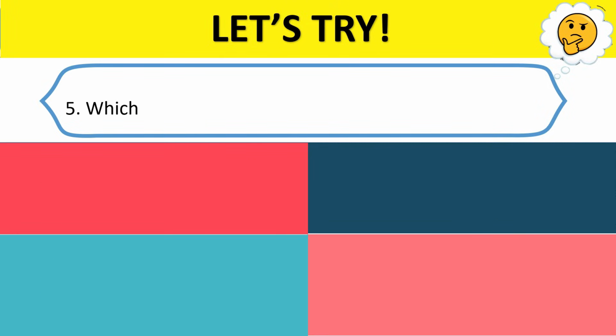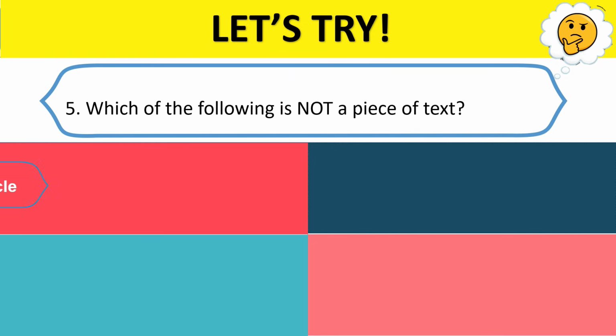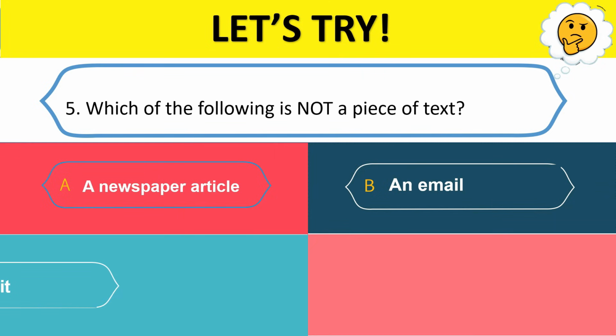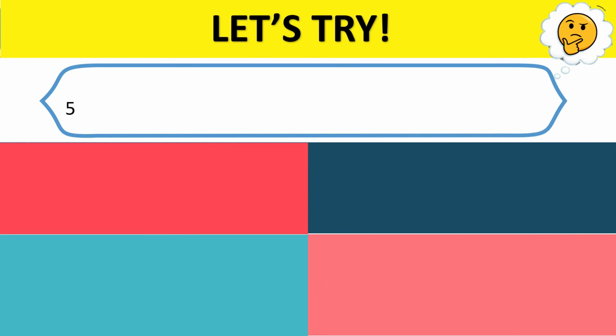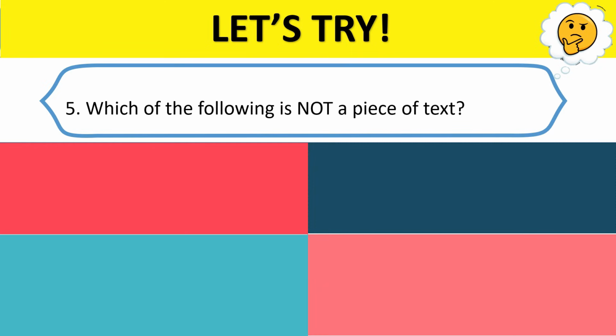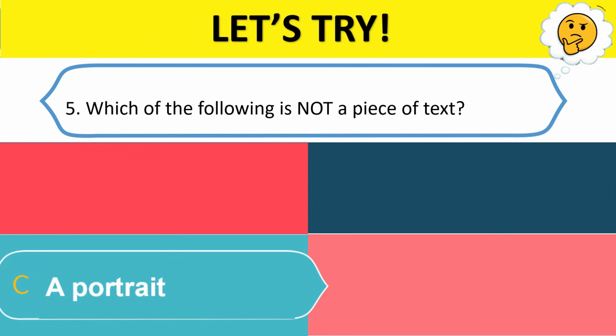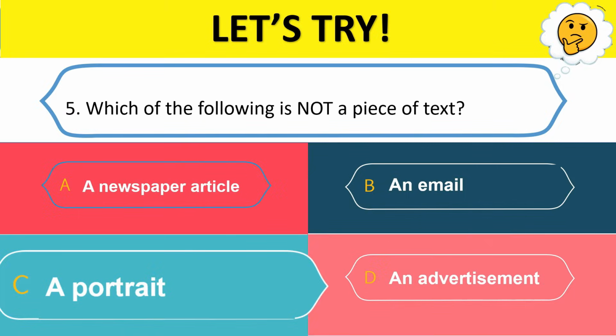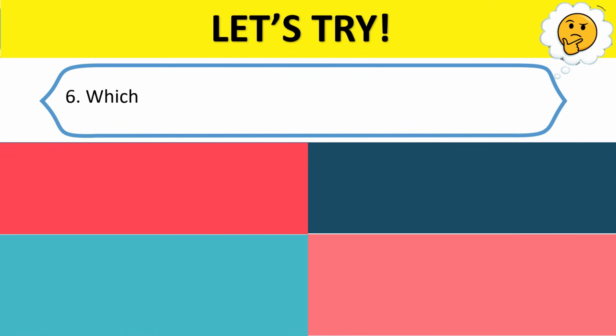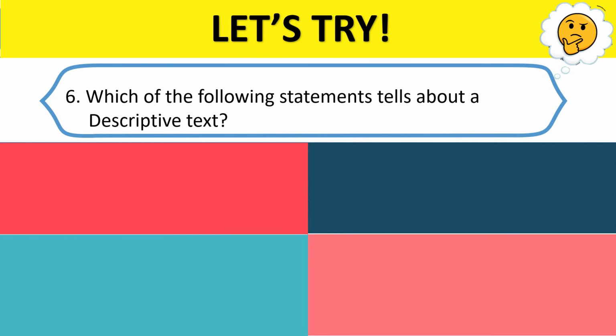Number 5. Which of the following is not a piece of text? A. A newspaper article. B. An email. C. A portrait. D. An advertisement. What do you think is the correct answer? The correct answer is letter C. A portrait. Which of the following statements tells about a descriptive text?